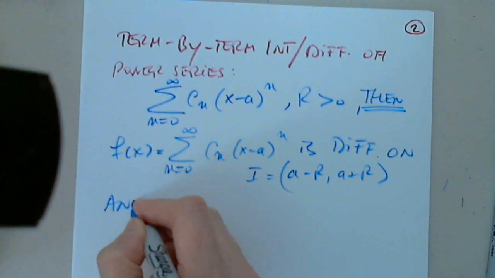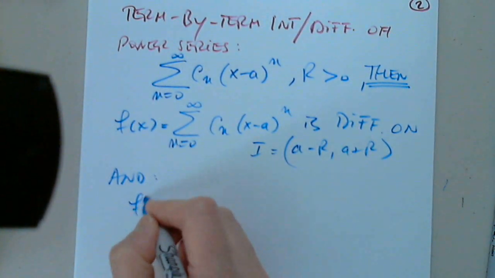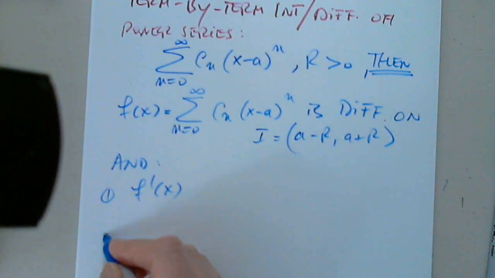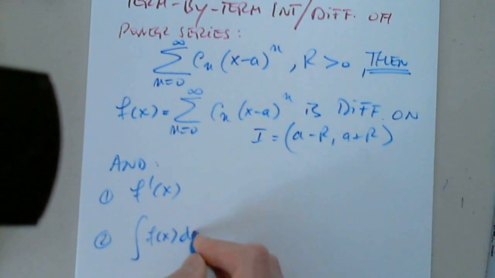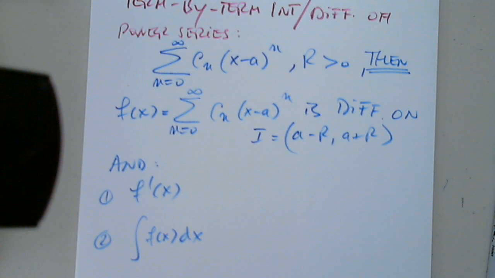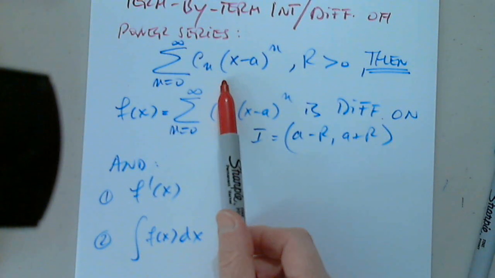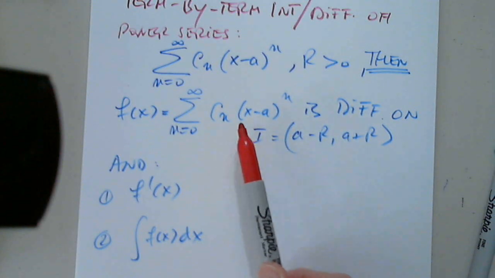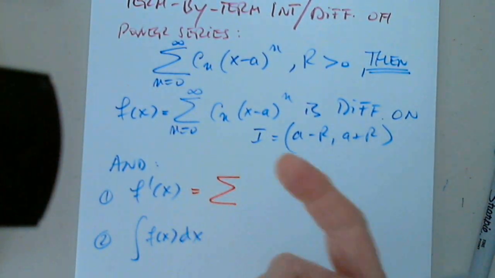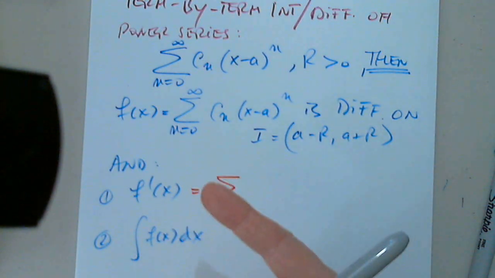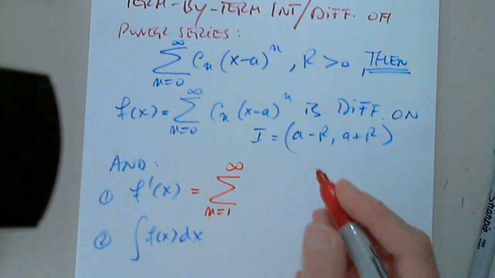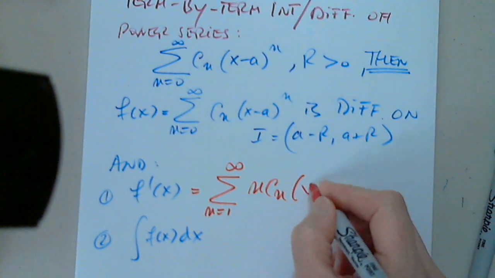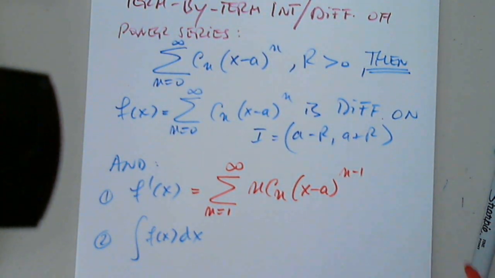And then what happens is, number one, we can differentiate. And number two, we can integrate. Okay, so let's see what we get. When we differentiate this function represented by a power series, the answer would be the sum, careful now because we are losing the first term, from n equals 1 to infinity of n Cn times x minus a to n minus 1, and the radius of convergence stays the same.